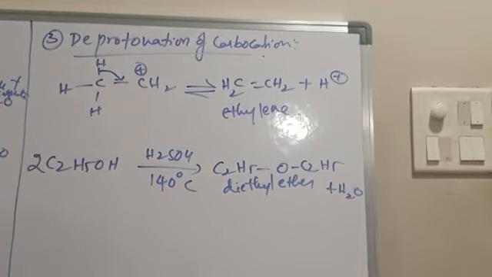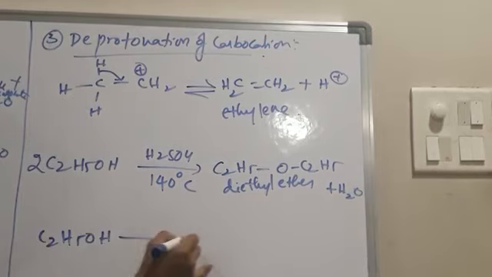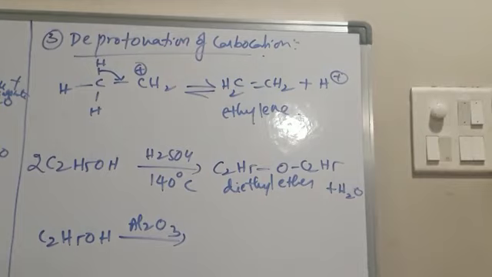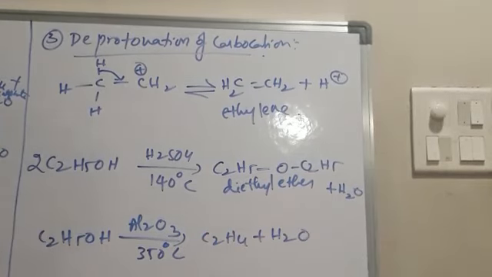If alumina is used, alumina is the dehydrating agent. Ethyl alcohol in presence of aluminium trioxide at 350 degrees centigrade gives ethylene with the formation of H2O.